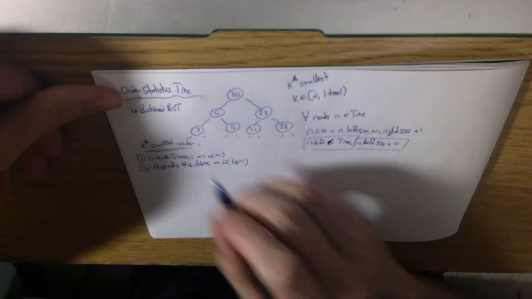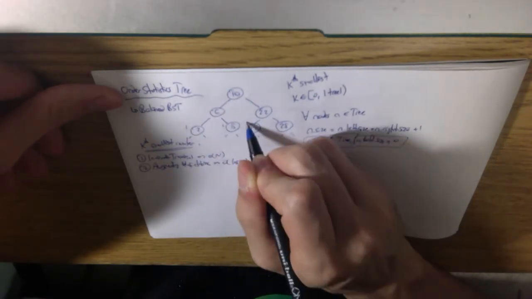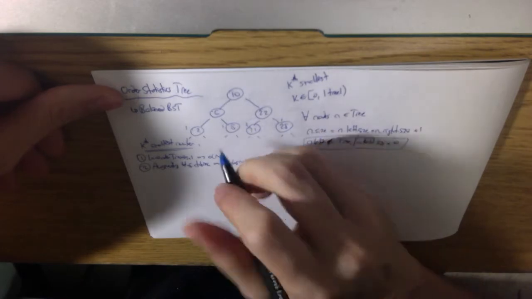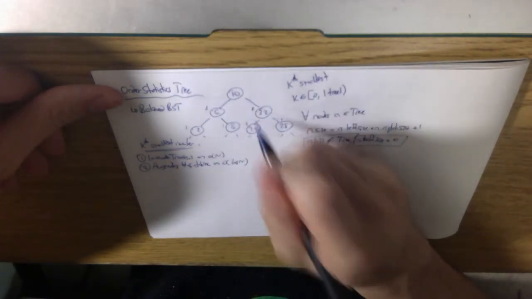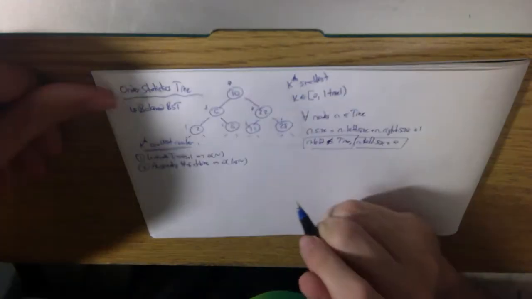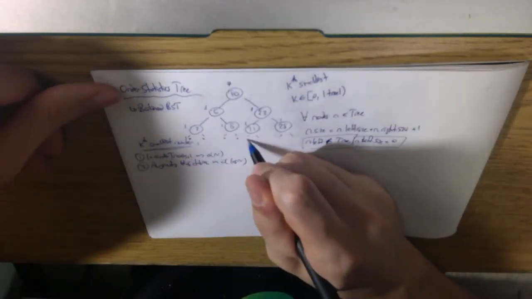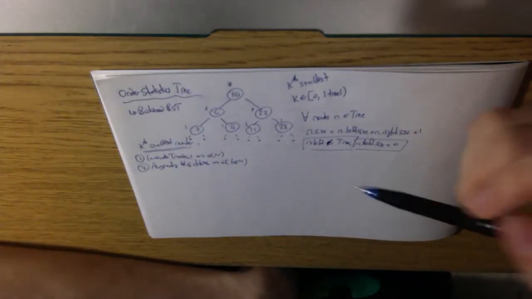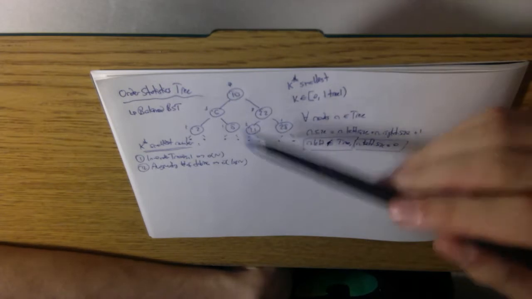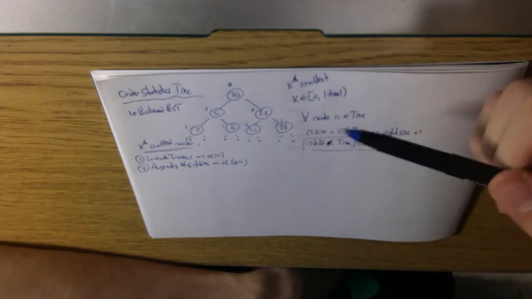Now we can augment the sizes. So 1 plus 1 plus 1 is 3. We have 7 by our formula, right? And we have zeros here. So we have all these sizes over here, and now we can get started with the algorithm.